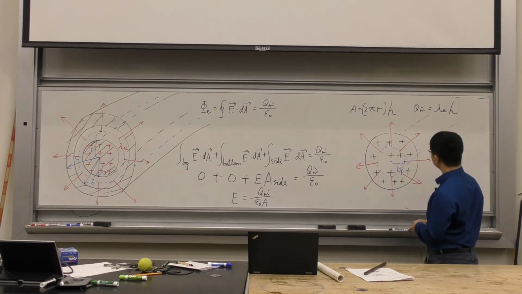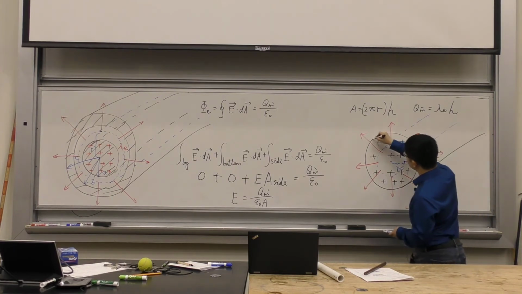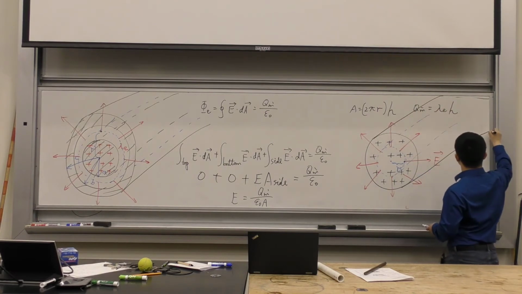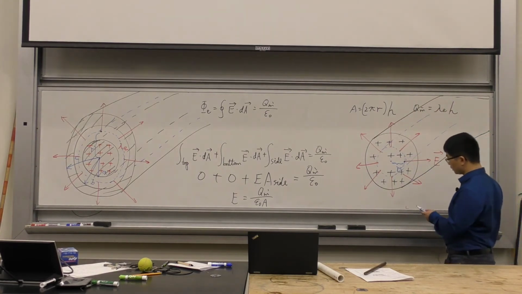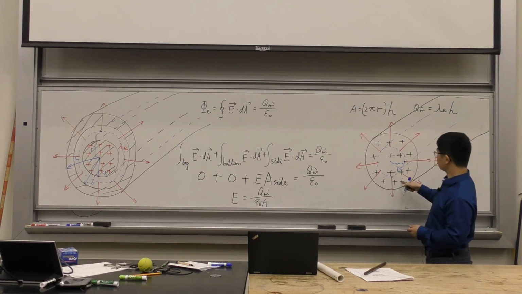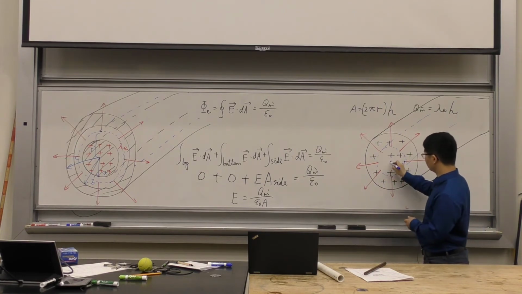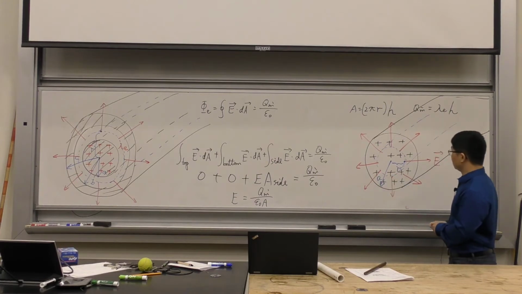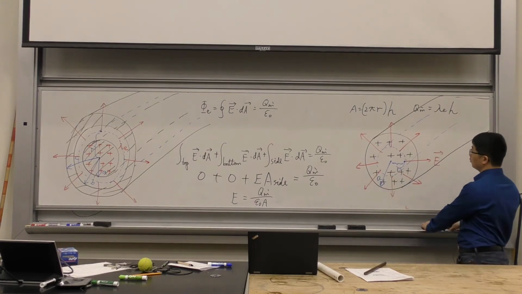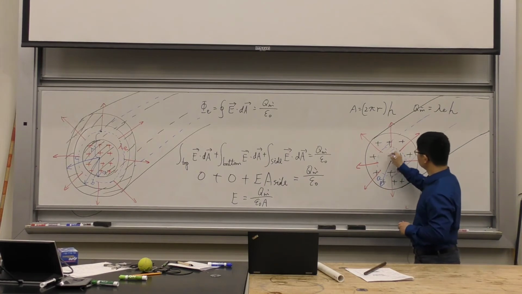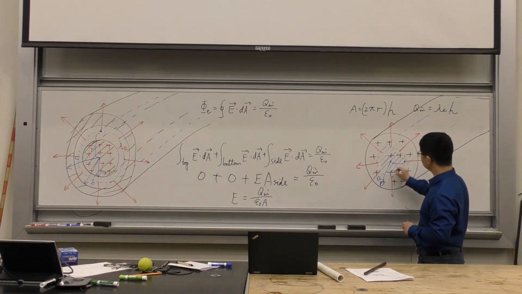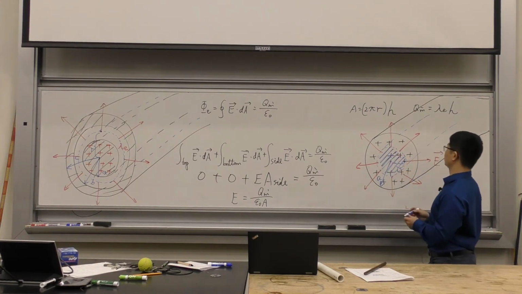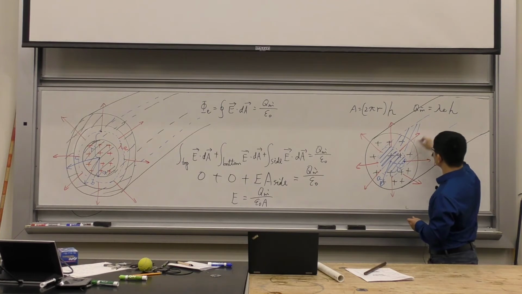So this is going to be the small cylinder, even smaller than the cylinder with radius A. This is a cylinder with radius A, but I'm drawing a cylinder with a radius R, which is even smaller than A. So I'm going to, again, apply Gauss's law in this small cylinder I drew, totally imaginary, doesn't exist. So this is the cylinder I drew.